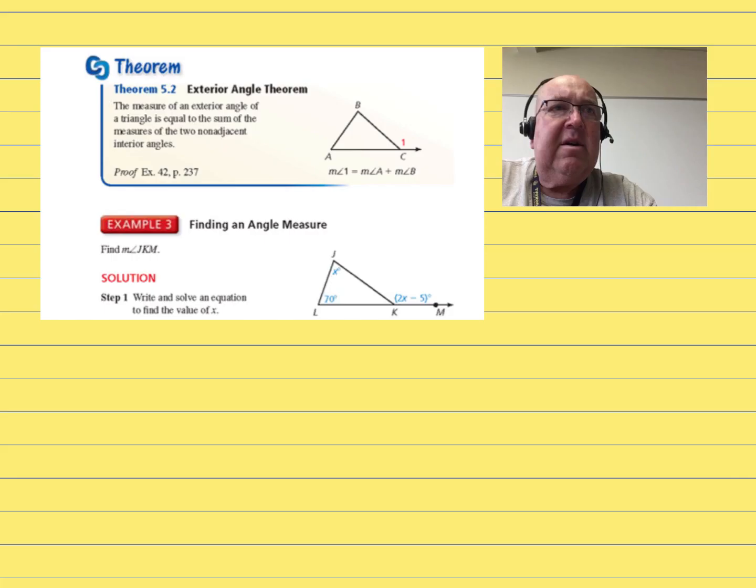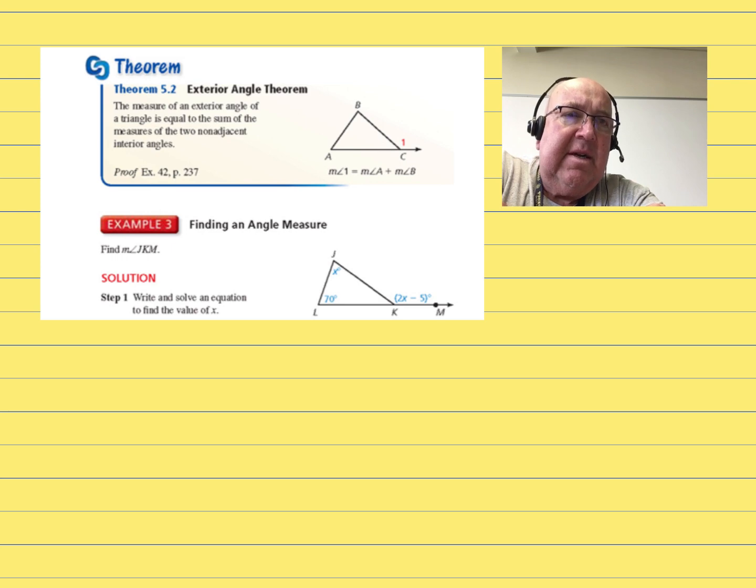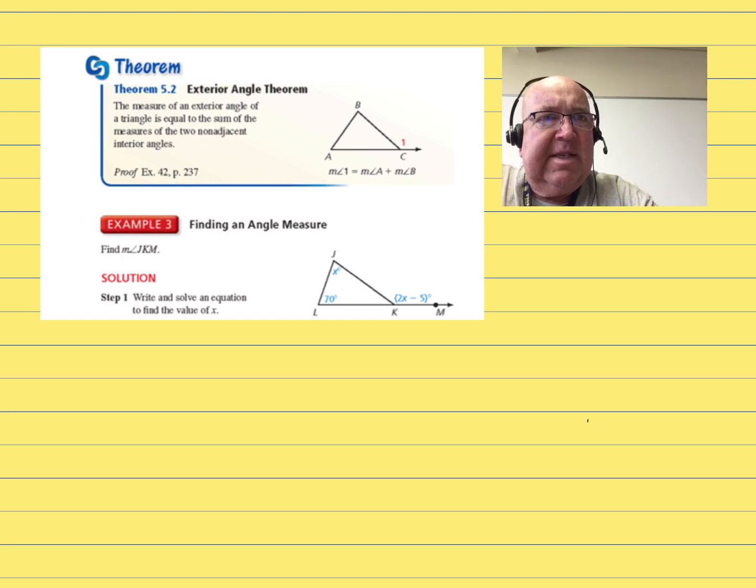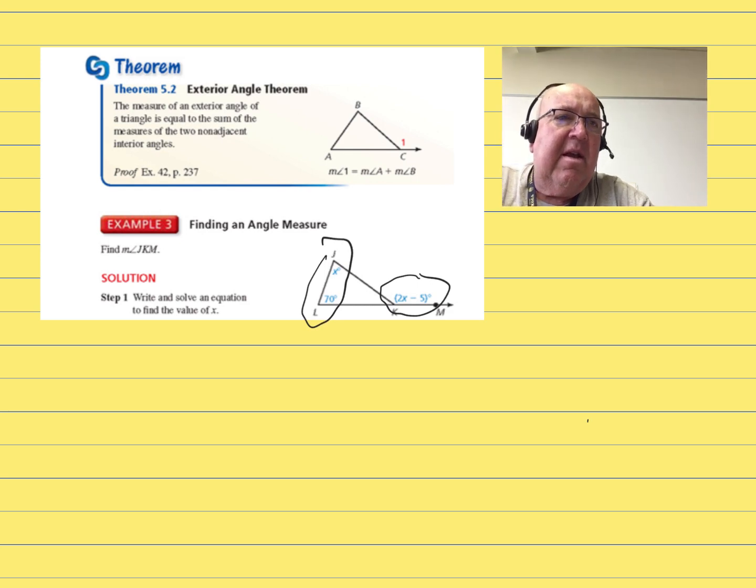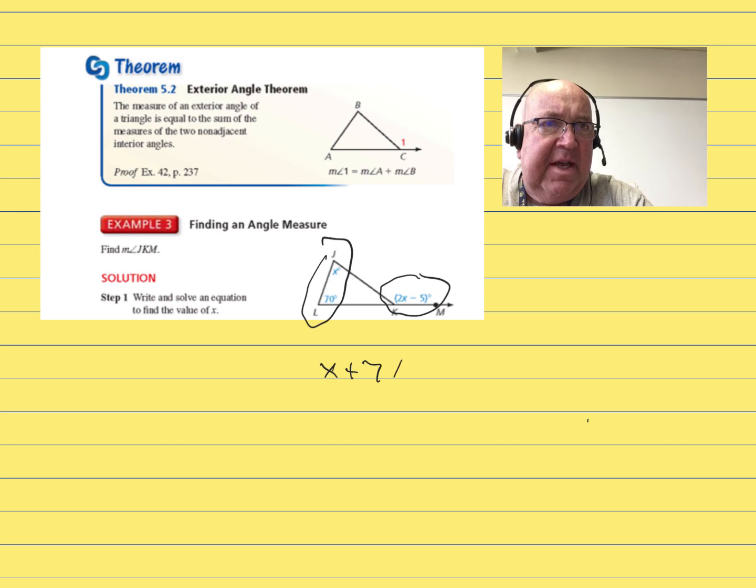So now, here we have the measure of an exterior angle of a triangle is equal to the sum of the measures of the two non-adjacent interior angles. So the measure of this right here is equal to the non-adjacent interior angle sum. So basically we write that as x plus 70 is going to be equal to 2x minus 5.